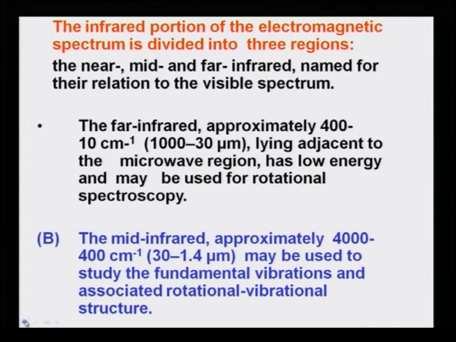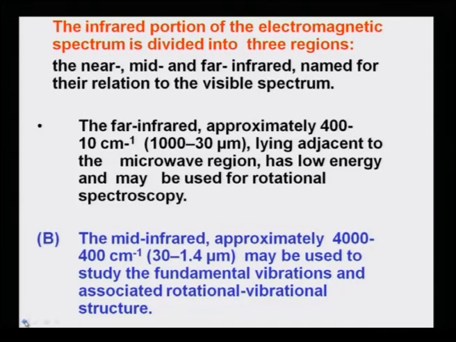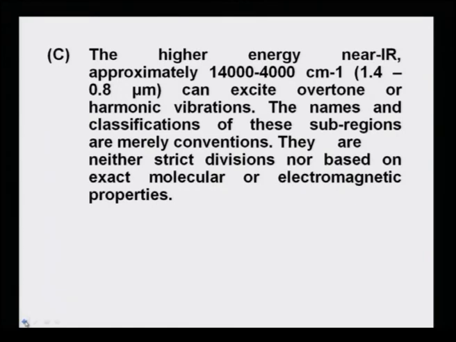Second, the mid infrared, approximately ranging from 4000 to 400, is the one which is most popularly used, and may be used to study the fundamental vibrations and associated rotational-vibrational structure. Therefore, these are regions which are of very great importance for knowing the functional group and its presence. And the third region is the higher energy near IR, approximately ranging from 14,000 to 4000 centimeter inverse, which can excite overtone or harmonic vibrations.